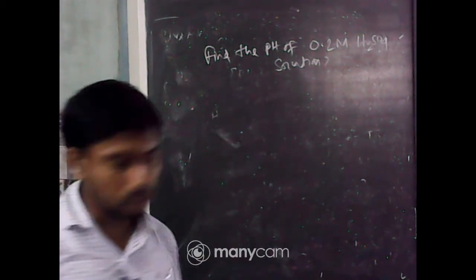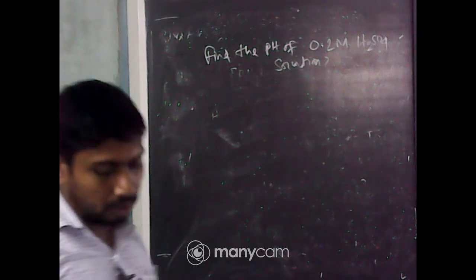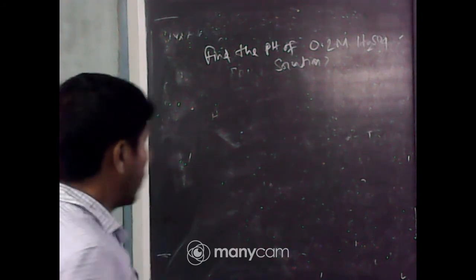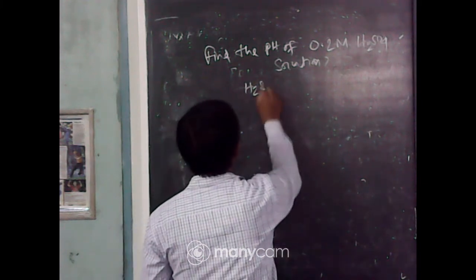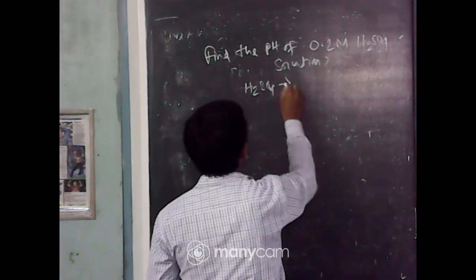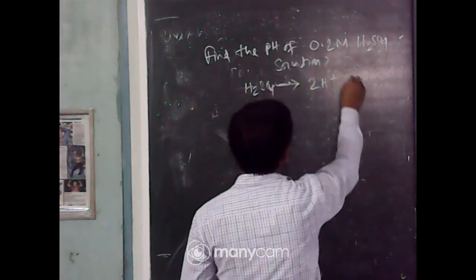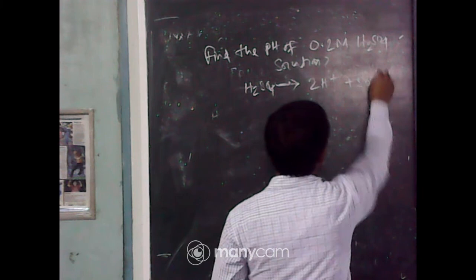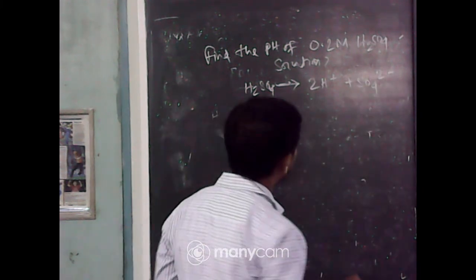Okay. So, first of all we know the dissociation, that is H2SO4 is dissociated as 2H plus and SO4 2 minus. Here alpha does not work because it is a strong electrolyte.